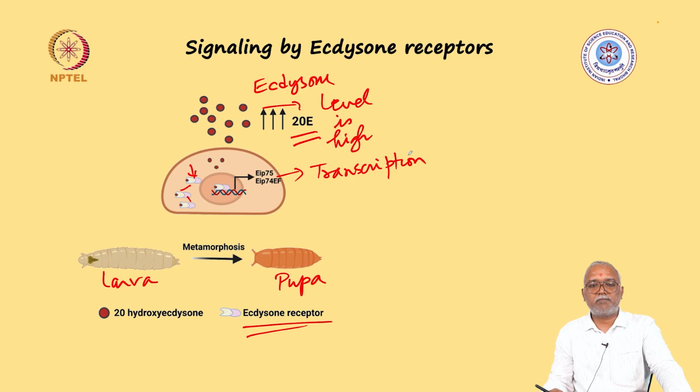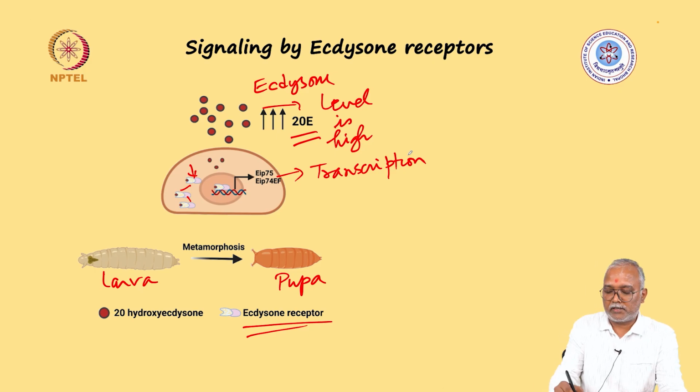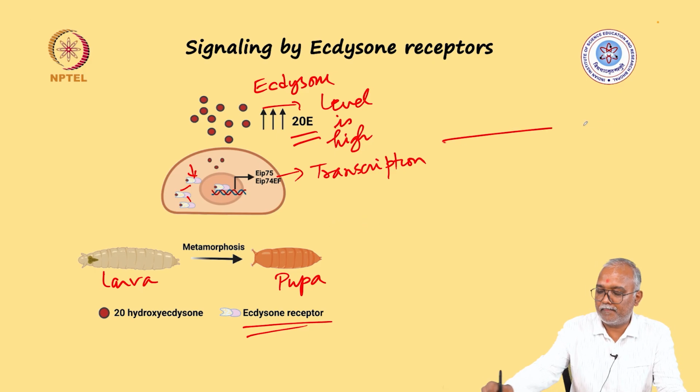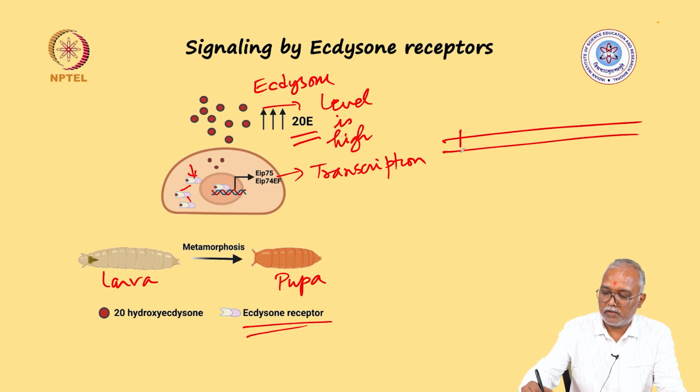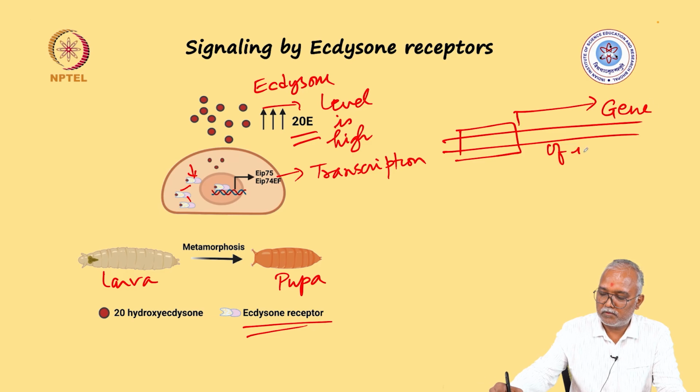What you would have noticed by now is that there are certain regions in the DNA just upstream of where your gene of interest is present. Some of these regions are regulatory regions where you have promoter sequences.